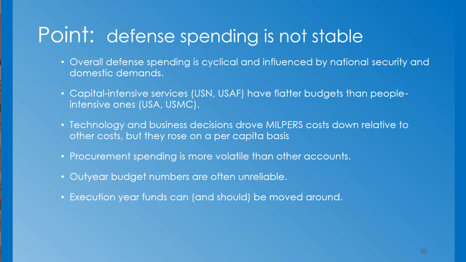If we don't have a lot of junior enlisted sailors cutting the grass, manning the gate, cooking the food, and we have contractors doing that instead, then the officer enlisted ratio goes up and the average cost per uniform member goes up. Procurement spending is more volatile than the others. Out-year budget numbers can be unreliable, and execution year funds can and many times should be moved around.